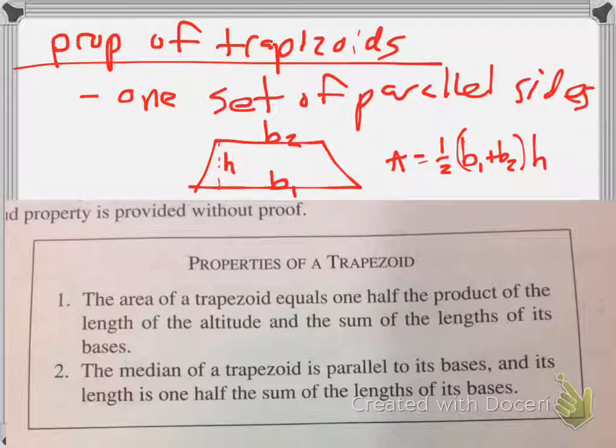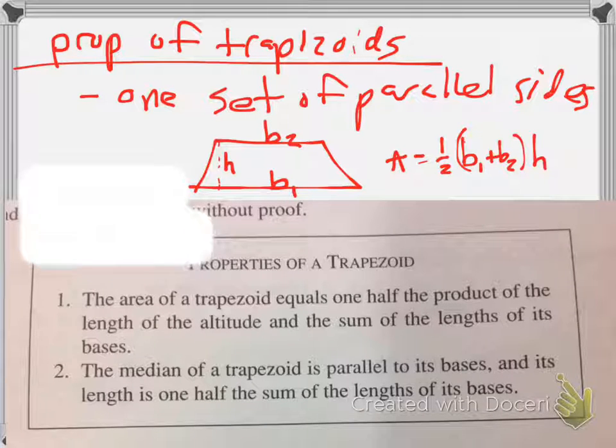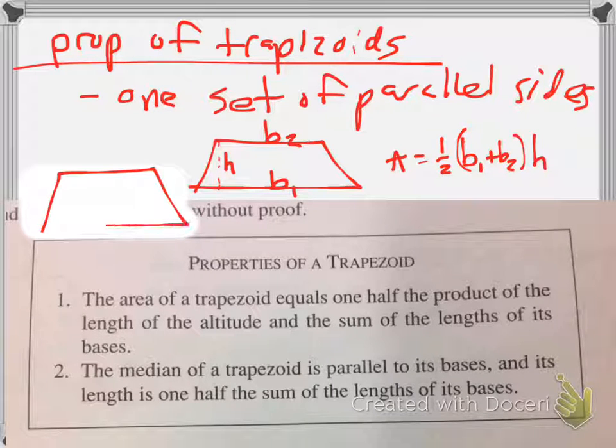What about the median? What's the median of a trapezoid? Well, the median of a trapezoid, let's make some space in here. Okay. The median of a trapezoid is if it's in between the bases.